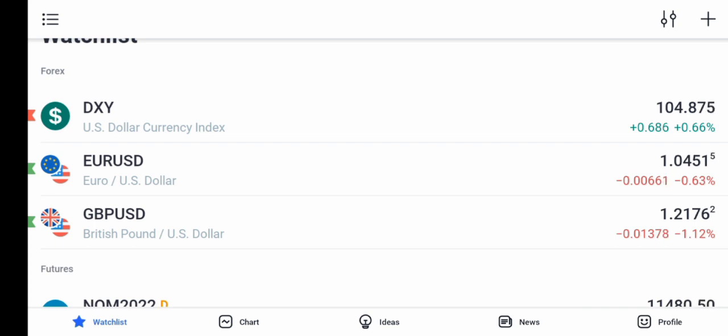We shall only use the euro, but many times to frame our bias on the euro, we need to use the dollar itself. How do you pull the dollar index?